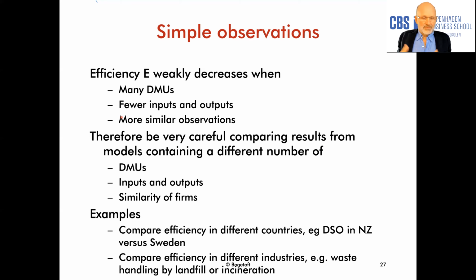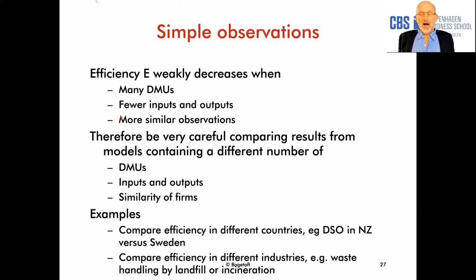But then people realized that might just be because when you estimate based on New Zealand data, you have way fewer comparators than you have when you use Swedish data. There are so many more distribution companies, or there were so many more distribution companies in the Swedish data set than in the New Zealand data set. So the fact that the Swedish companies looked less efficient might just be because of the bias problem being smaller in the Swedish model than in the New Zealand model based on data from New Zealand.